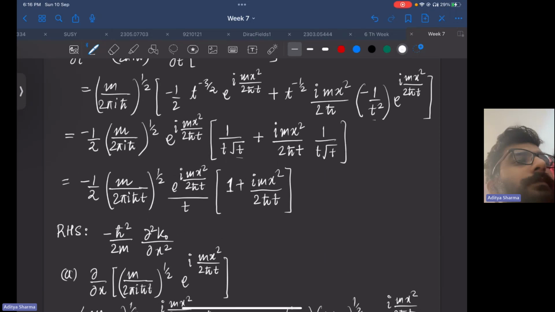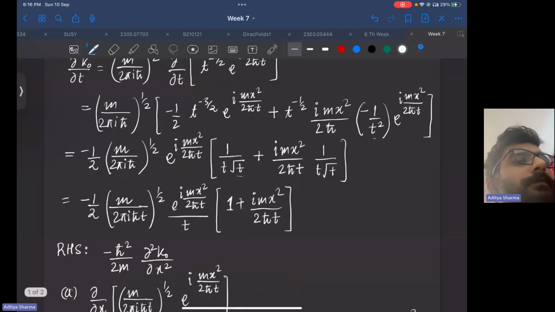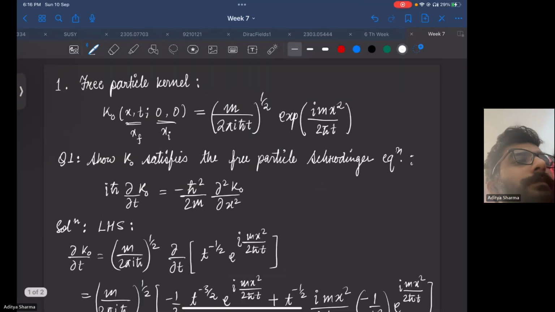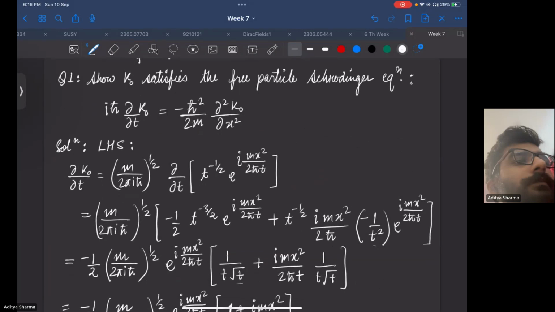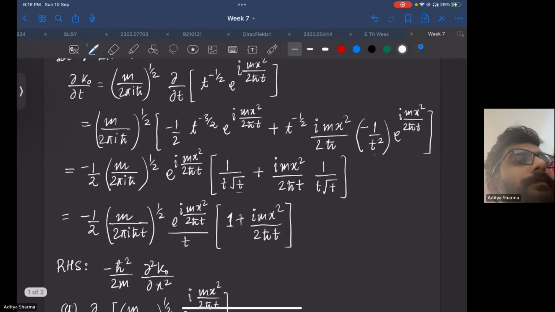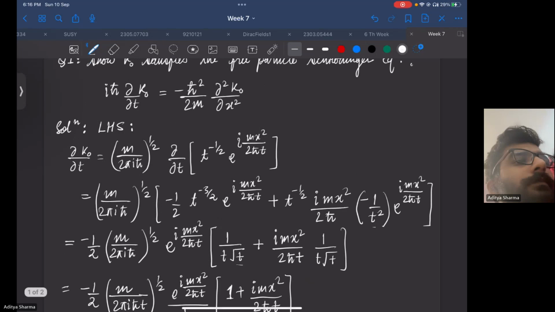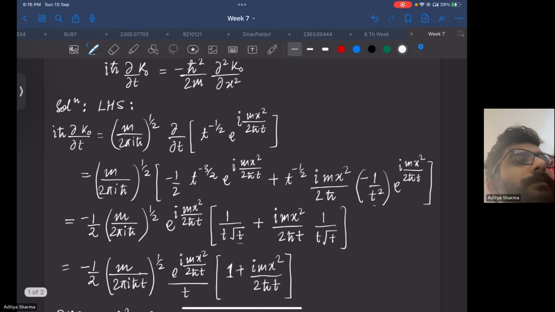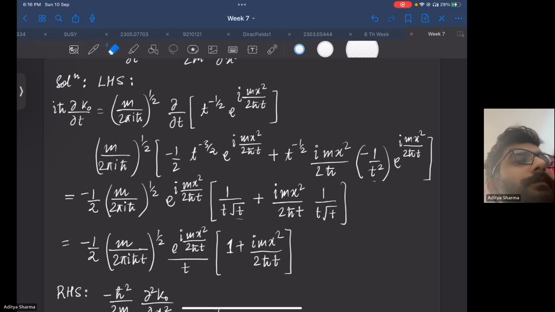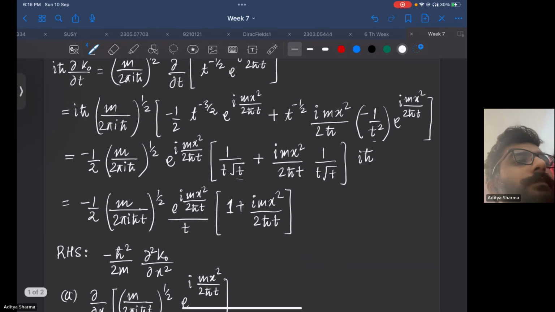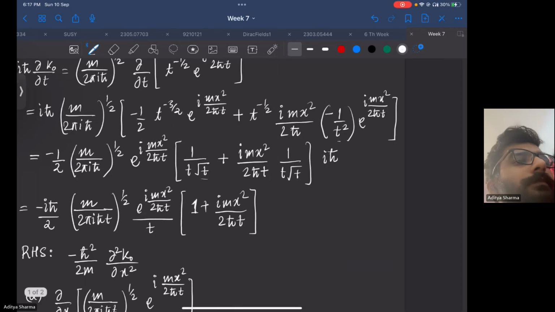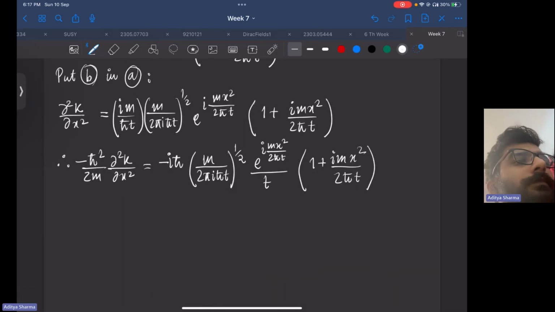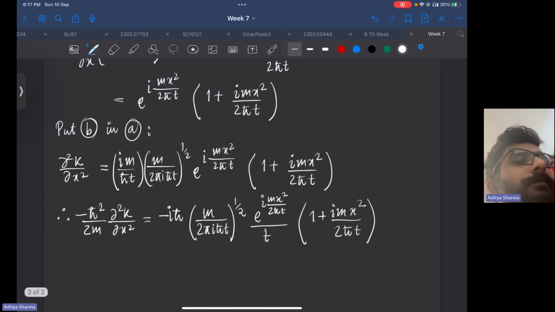And comparing with the LHS, we're having an extra factor of the value.